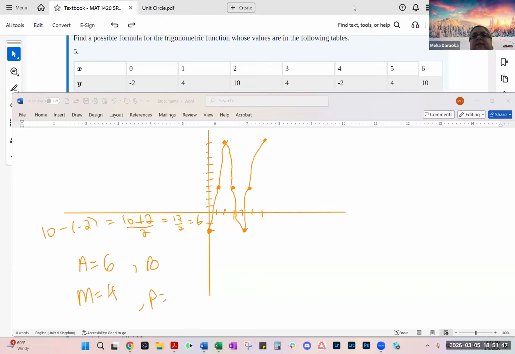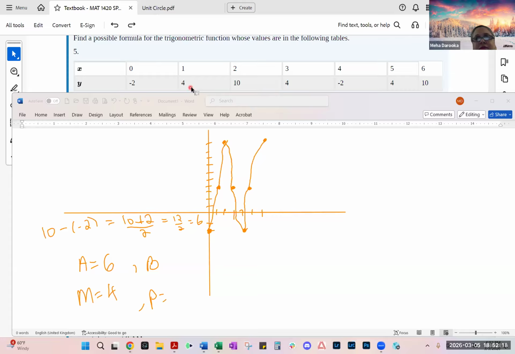So let's take a look at that over here. You can remember, go from either the highest to the highest point or the lowest to the lowest point to figure out what your period is. If you look at our lowest one is at -2, right? By the time we start at -2 and come back to -2, you can see your X value changed from 0 to 4, right? So you went 4 units to the right.